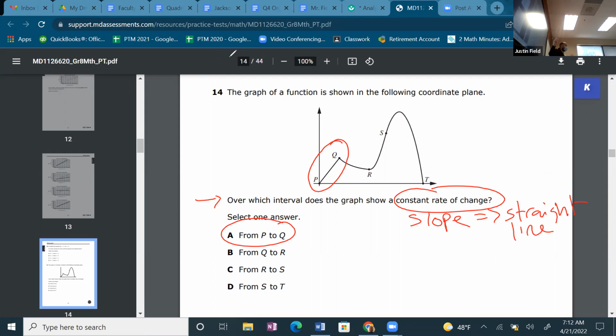But does that mean you can't do the problem? No, because we talk about slopes. Can you look at the graph and tell me which part of it is a straight line? That's what they're asking you to do. You just got to decode and figure out what they're asking.